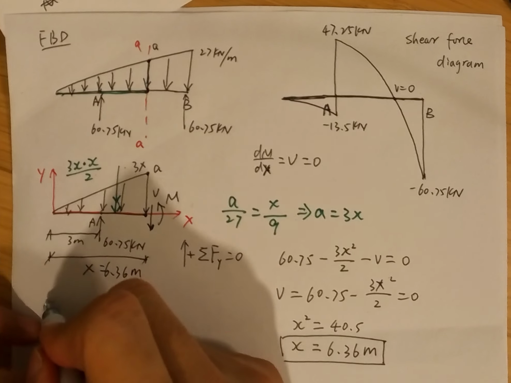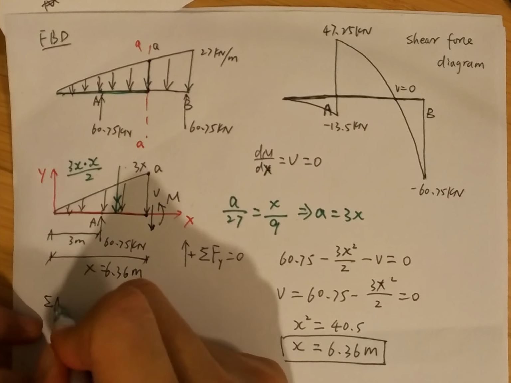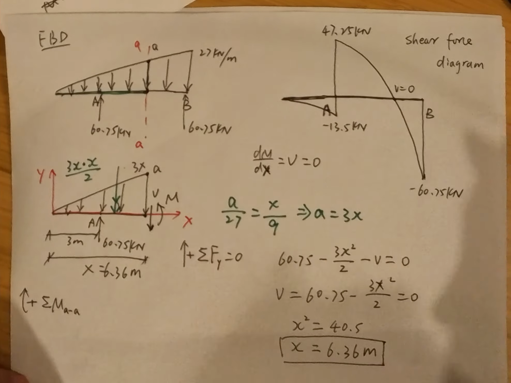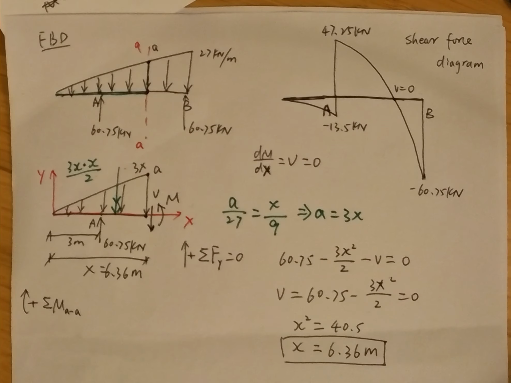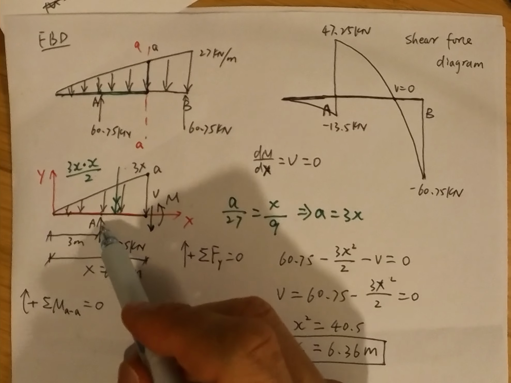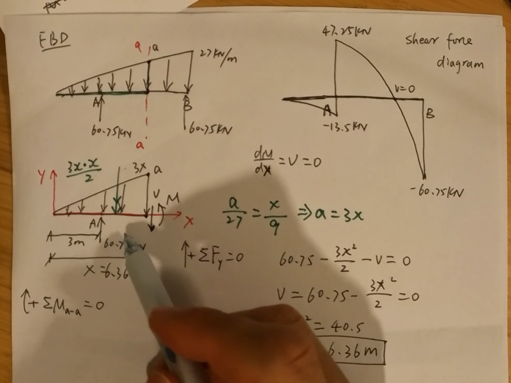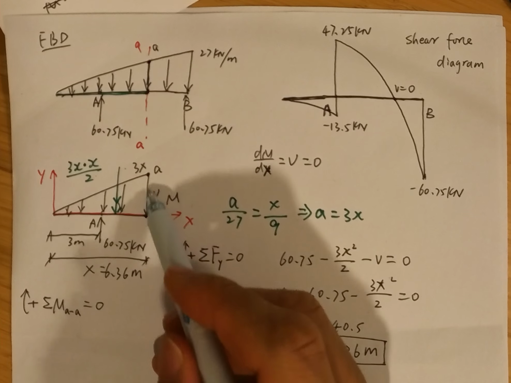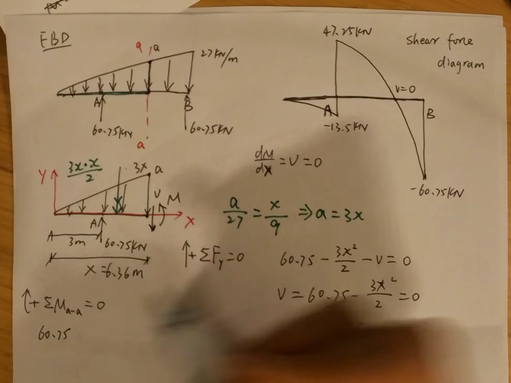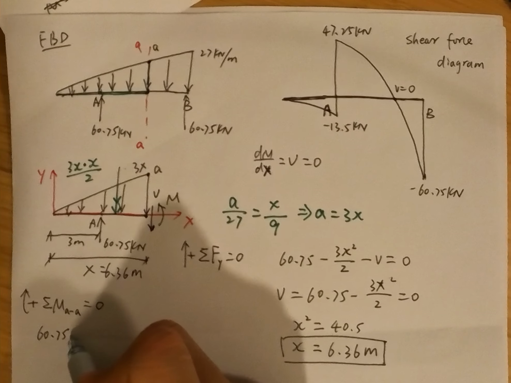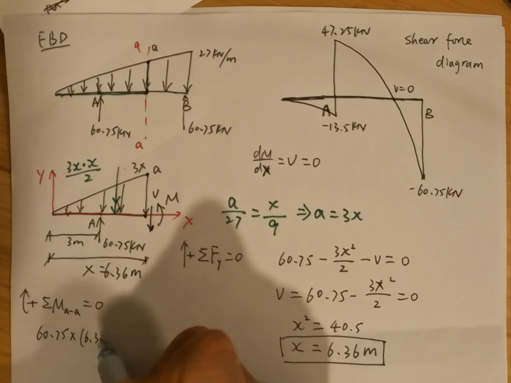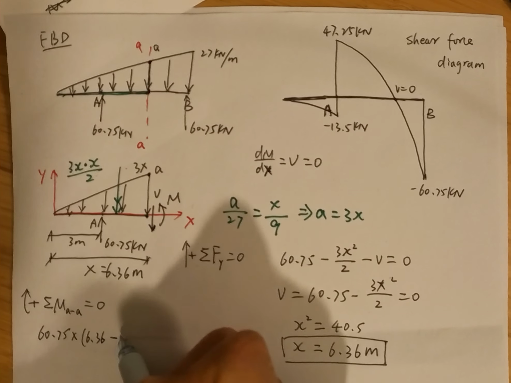For the bending moment, we need to write down the moment equation of equilibrium. Suppose positive is clockwise, equal to 0. We know the reaction force at point A has a bending moment at this section A to A. So it's 60.75 times the distance, 6.36 minus 3.